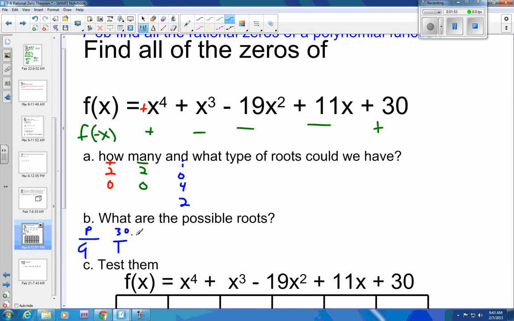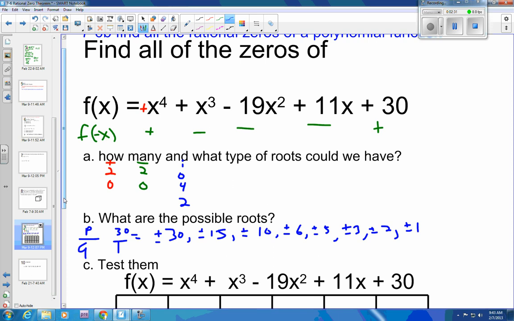I want all the factors of 30, so that's going to be plus or minus 30, plus or minus 15, plus or minus 10, plus or minus 6, plus or minus 5, plus or minus 3, plus or minus 2, and plus or minus 1.